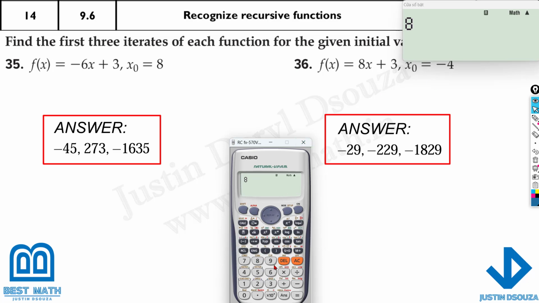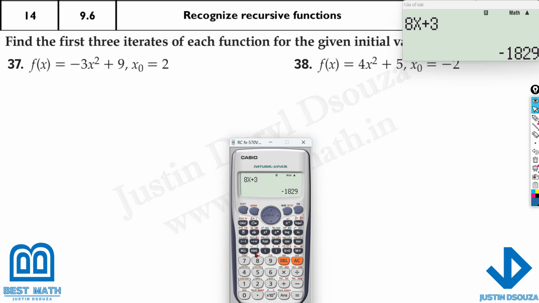So over here, 8x plus 3 calculated at minus 4. And here we go, it's minus 29. Now calculate this at minus 29, and we have minus 229. And lastly at minus 229, that's minus 1829.